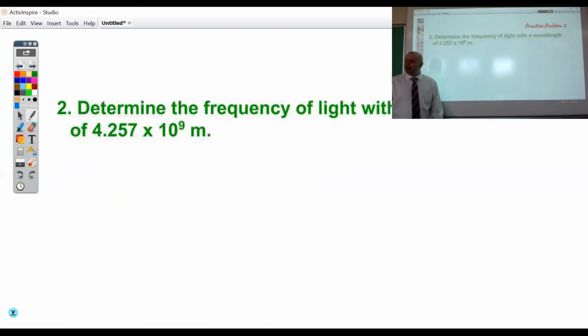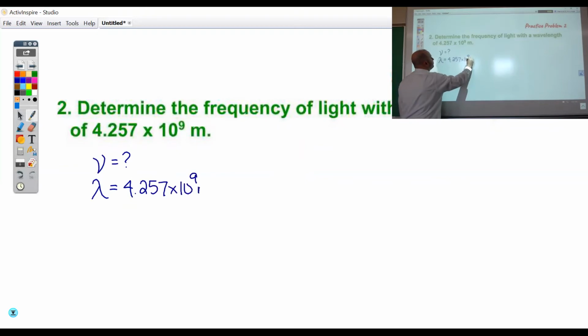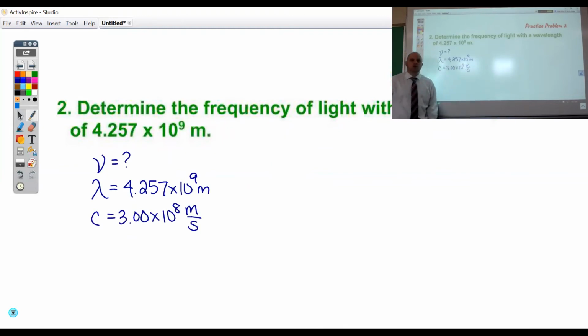Let's have a look at our second problem. Our second problem states, determine the frequency of light with a wavelength of. Remember, even though we are not provided speed of light in this problem, it is a constant that is always known.